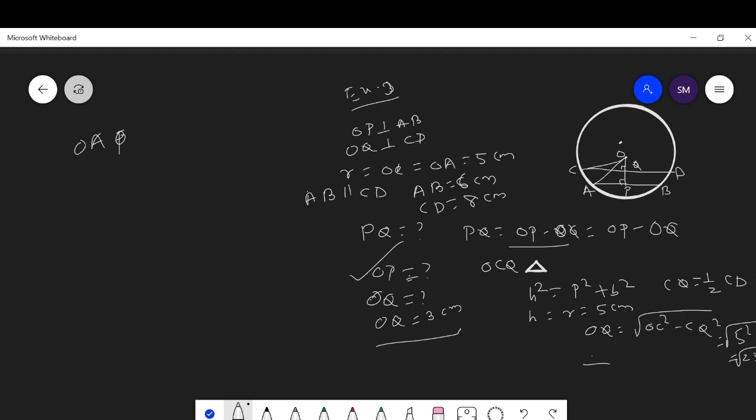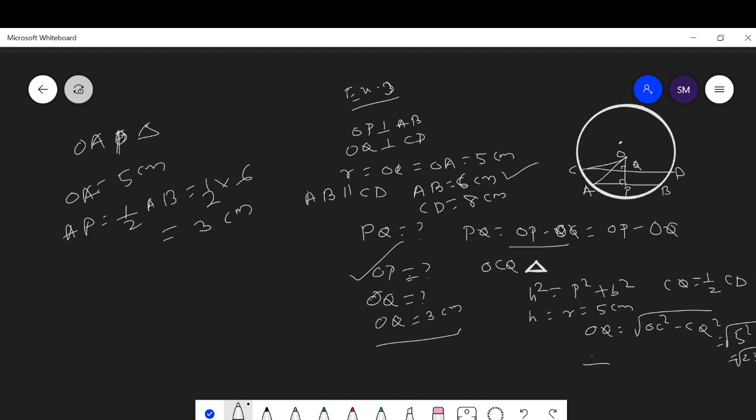the OAP triangle. In this triangle, as per Pythagoras theorem, here OA is given 5 centimeter and AP is equal to half of AB, which is half into 6, which is equal to 3 centimeter.